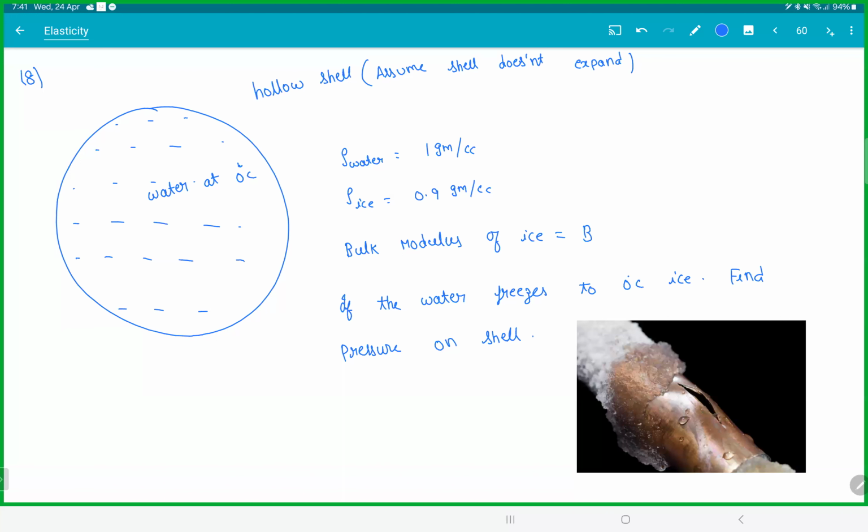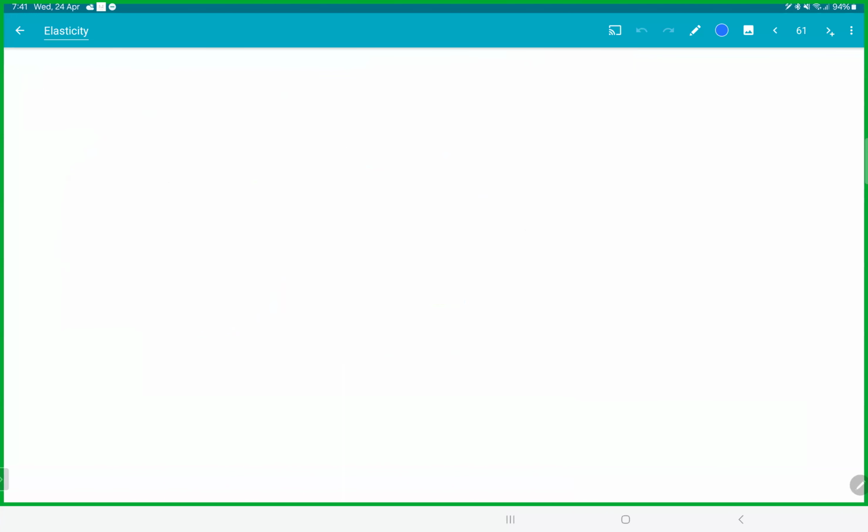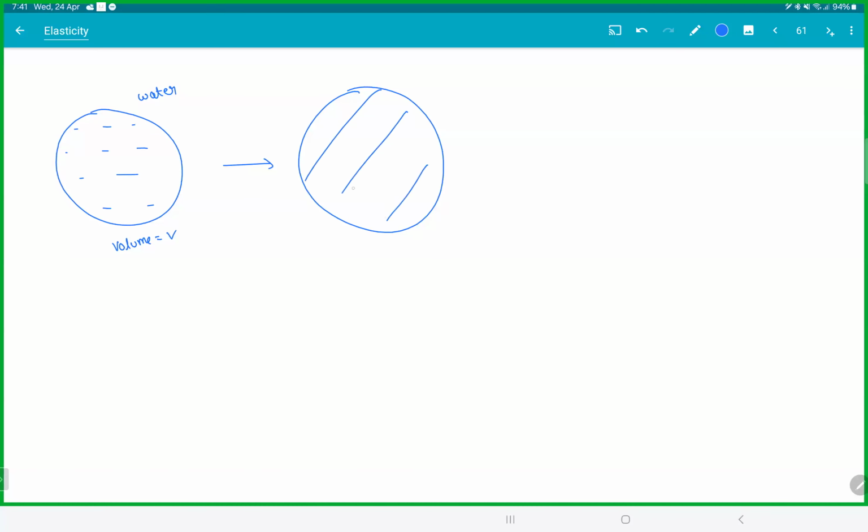Let's see. Now remember the formula. If you look at the ice, forget about the shell. What will the ice think? Initially this was water. Let the volume be V. So when this becomes ice, what remains the same? The mass.